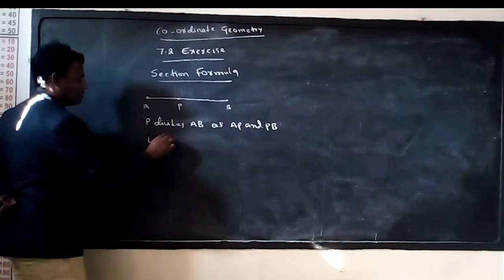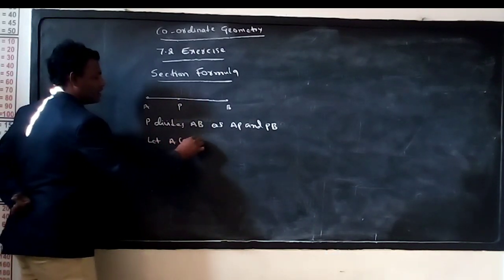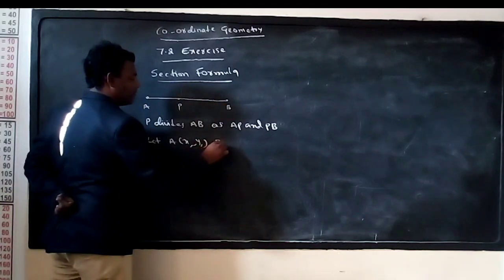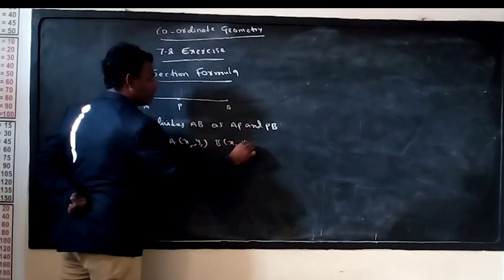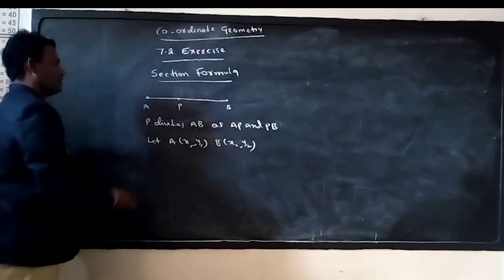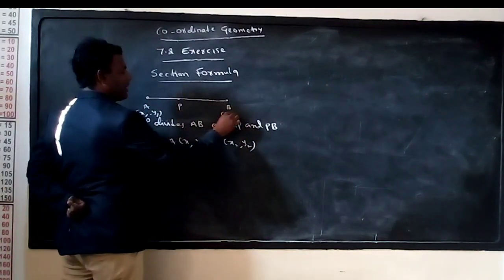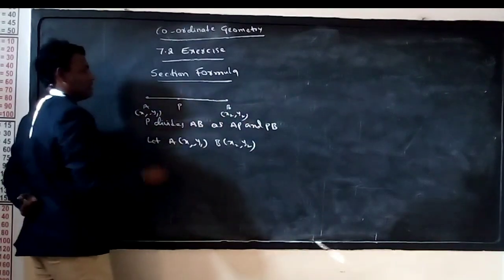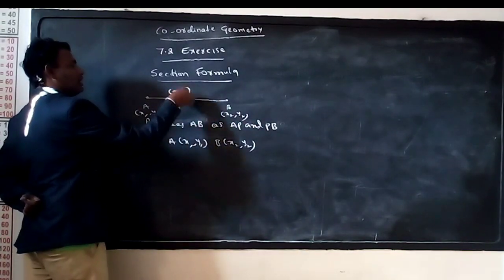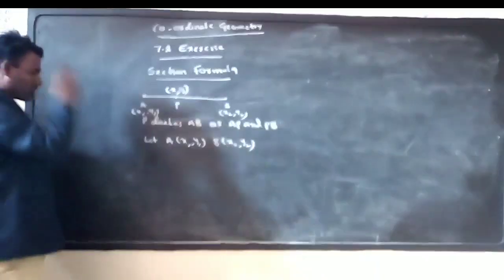Let A (x1, y1) and B (x2, y2) be the two points, and let the coordinates of P be (x, y).